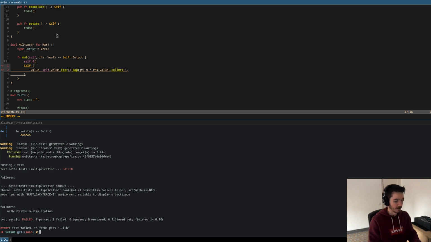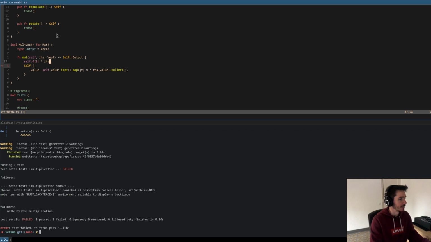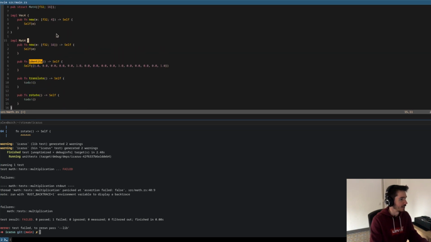This is gonna be ugly as hell. The first element of the matrix, which is the first element of the first row, times the vector's first element. Wait a second, I'm gonna make some change to be more sane.